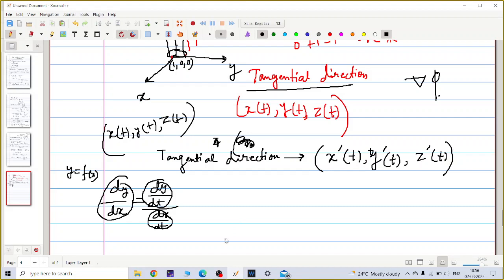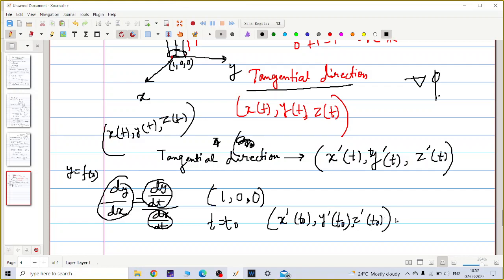We have to check that there exists a t equal to t0 at P. What is the point P? 100, right? So at this point, for which t0, x dash t0, y dash t0 and z dash t0 is in the direction of 0, 1, 1. This means it is some constant multiple, alpha, into 0, 1, 1. Right?